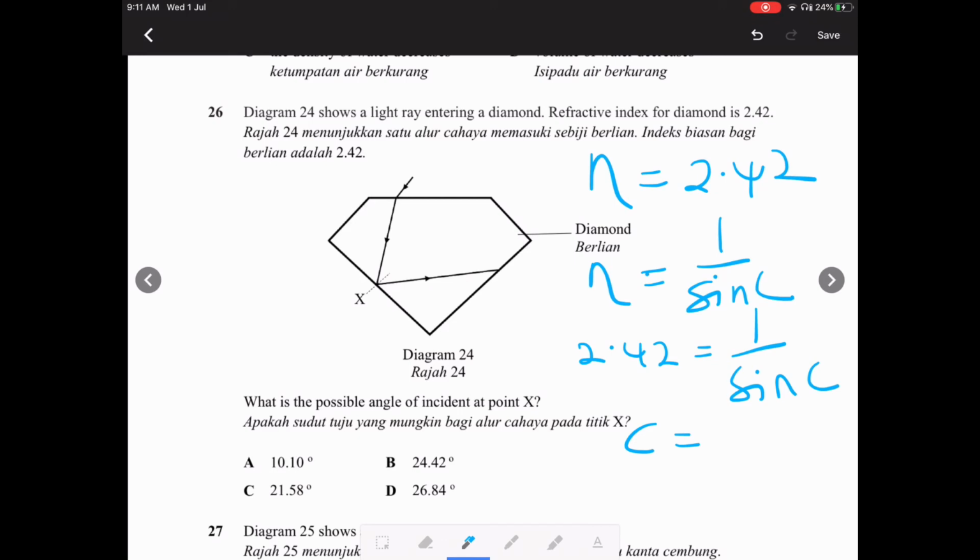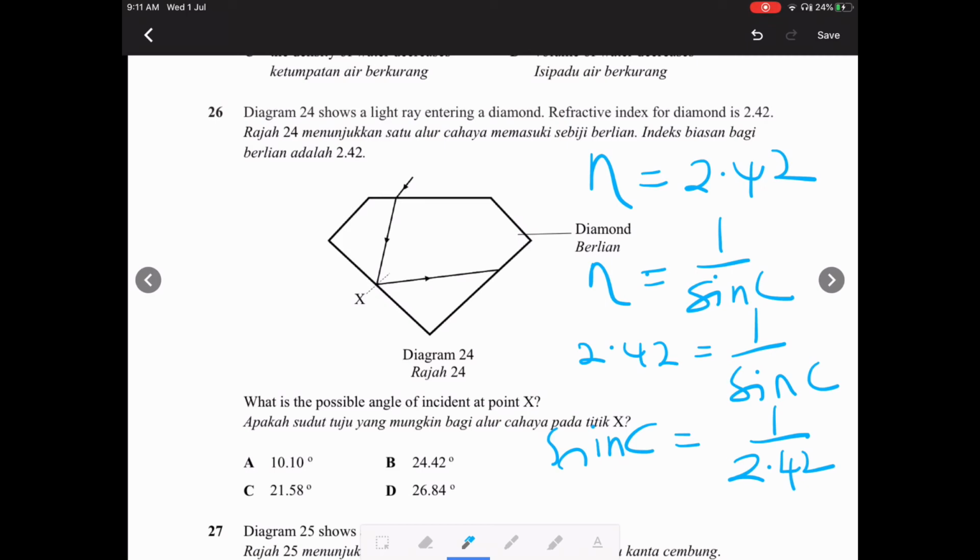Sin C sama dengan 1 per 2.42. Okay, sin C sama dengan, betul kan?